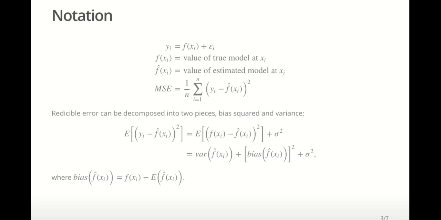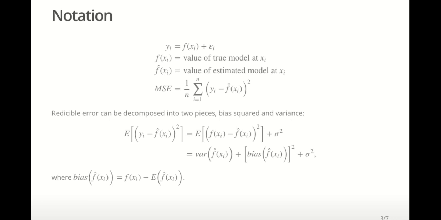The reducible error is the expected squared difference between the value of the true model and the value of the estimated model for a value x_i. Working through the math, of which I omit most of the details, this reducible error can be decomposed into the variance of f hat of x_i and the square of the bias of f hat of x_i.